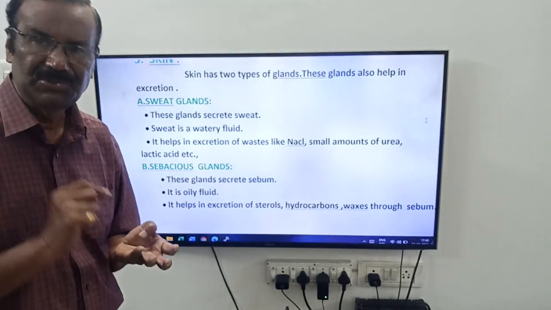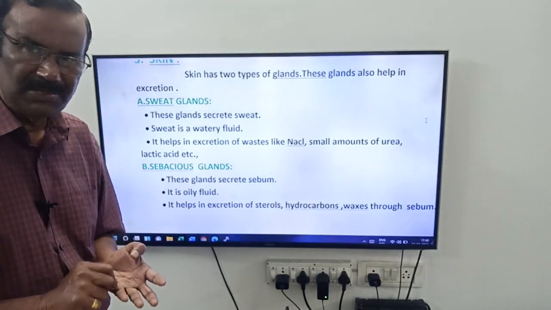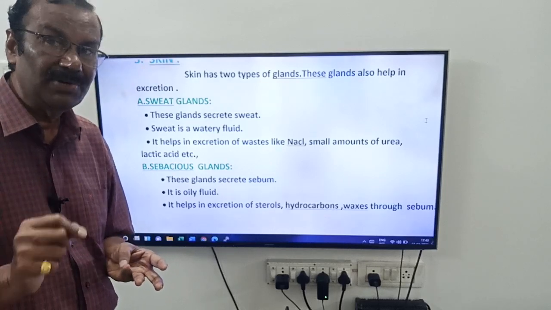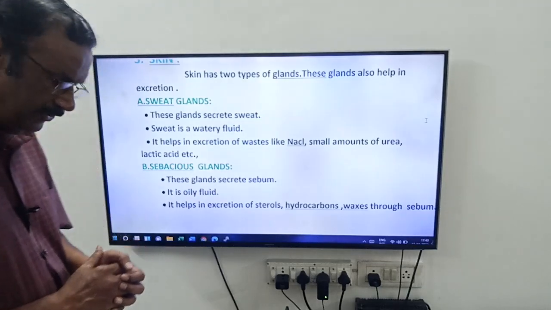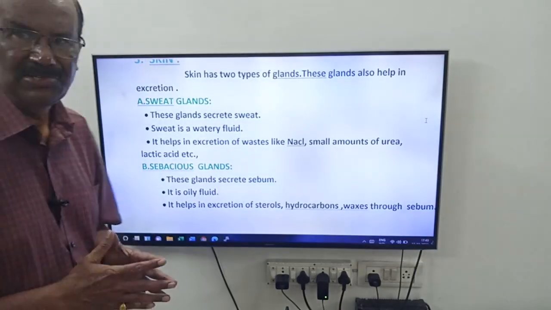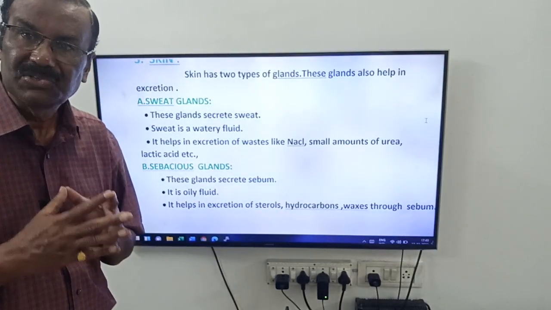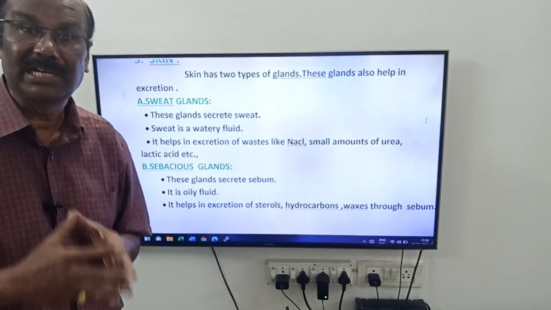Sterols, hydrocarbons, waxes, through what? Through sebum. Okay friends, this is about the role of the lungs, liver and skin in excretion.